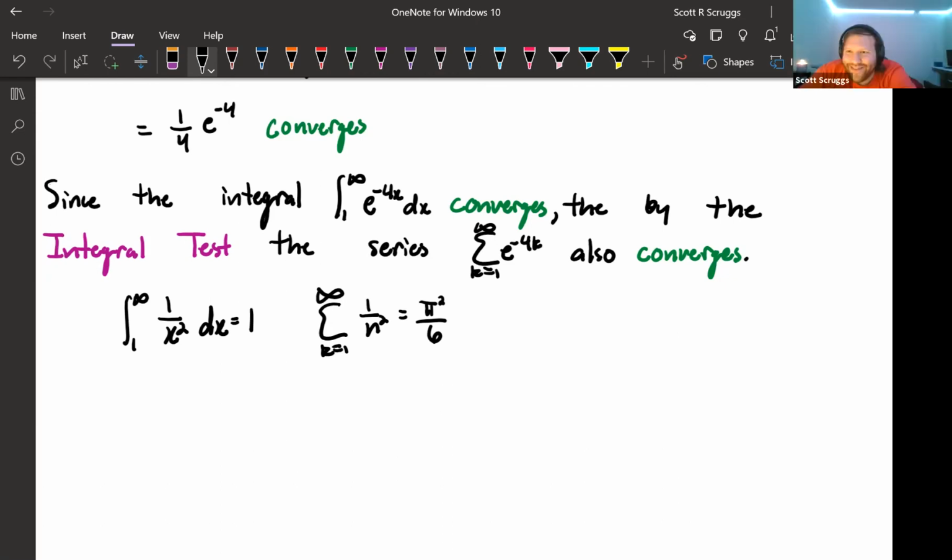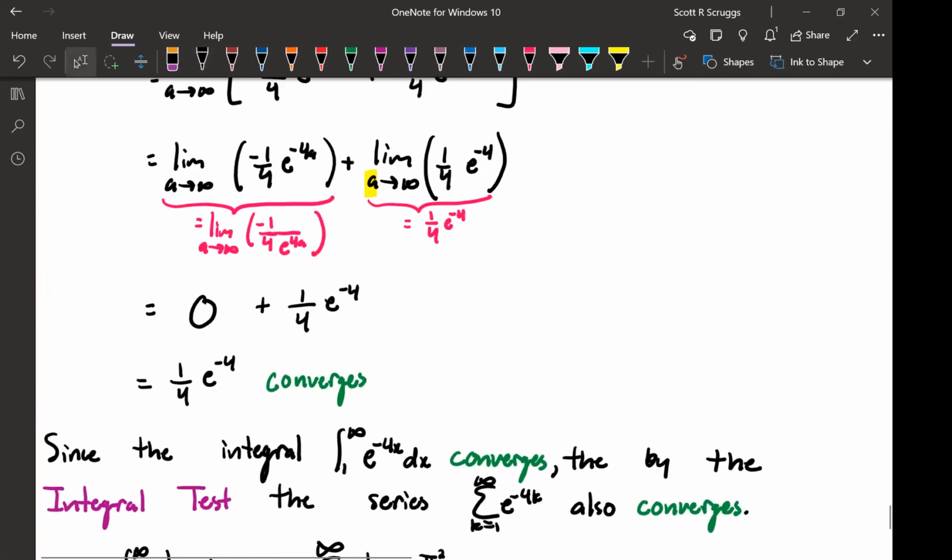You're good. So whenever you equal 0, if you scroll up a little bit, where it says equals 0 plus 1/4 e to the negative 4, that is just a straight up 0.